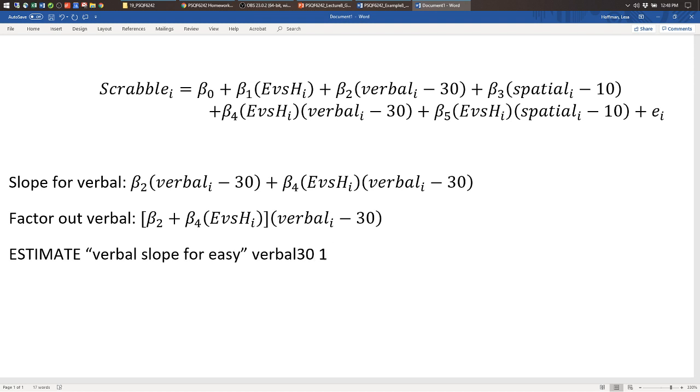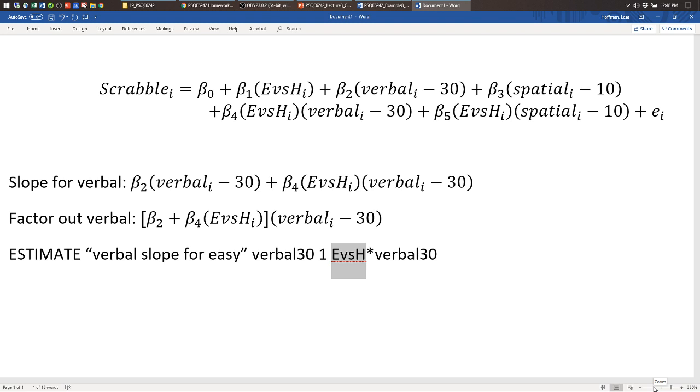But I also need, we'll call it, E versus H times verbal 30. And if I'm filling this in for easy, what value do I need for this variable right here? Given your coding instructions.